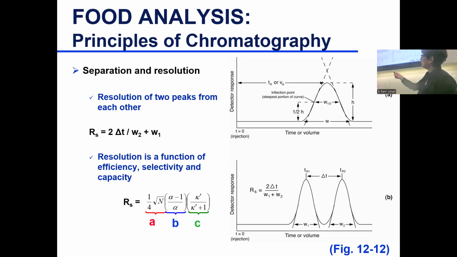So it's inversely proportional to the width. The resolution is inversely proportional to the width. If the width widens, like in this example, you lose resolution and resolution decreases. So it's inversely proportional to the width.